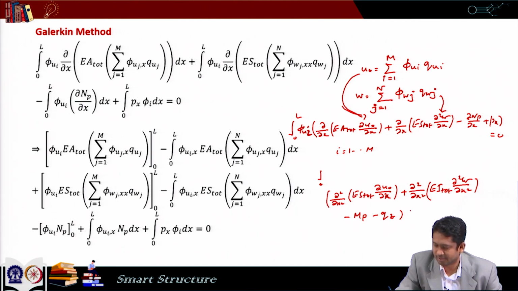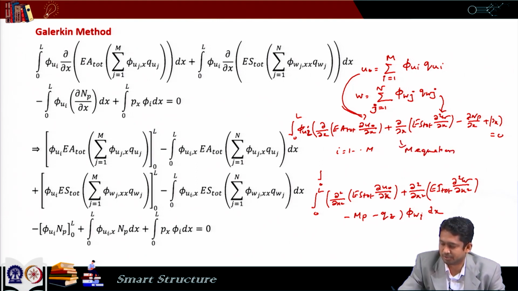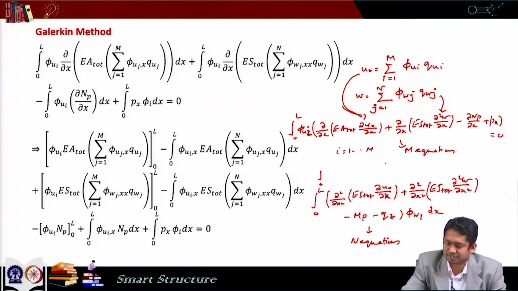Here I multiply this with phi w j. There are total n number of j's and likewise integrate from 0 to L. That will give me total n equations. So, I get m equations from here and I get n equations from here. Now, in each of these equations, we shift the derivatives.